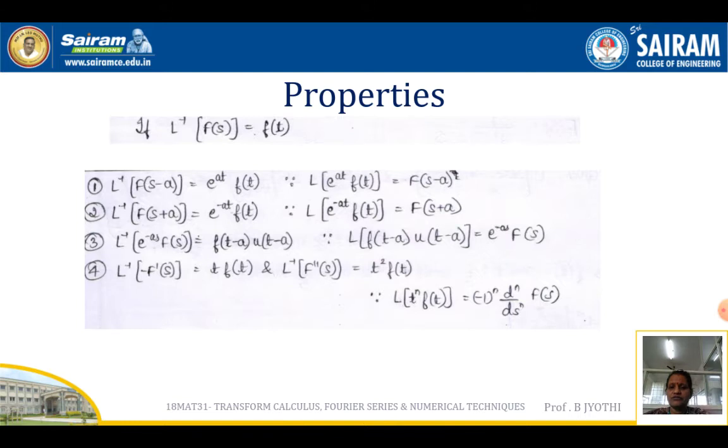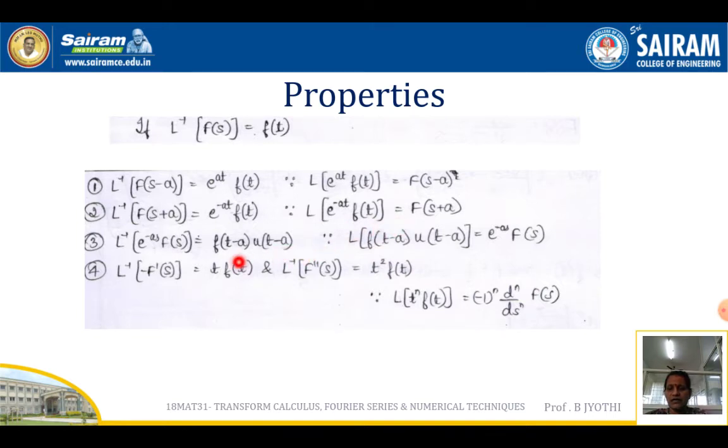If L inverse of f of s is f of t, the first property says that L inverse of f of s minus a is e power at into f of t, because L of e power at into f of t is f of s minus a. Next, L inverse of f of s plus a is e to the power of minus at into f of t, because L of e power minus at into f of t is f of s plus a.